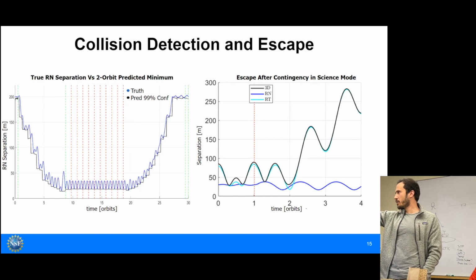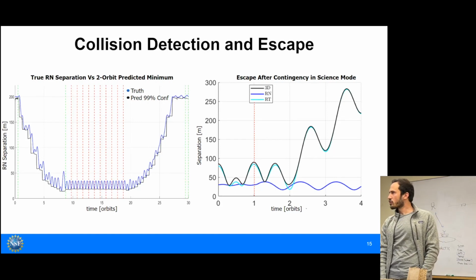And during escapes, which is the plot on the right, the red line, we are able to enforce our end separation after escape, and we are able to enforce a rising along-track separation, which is very good. This is actually the behavior we want from collision detection and escape.